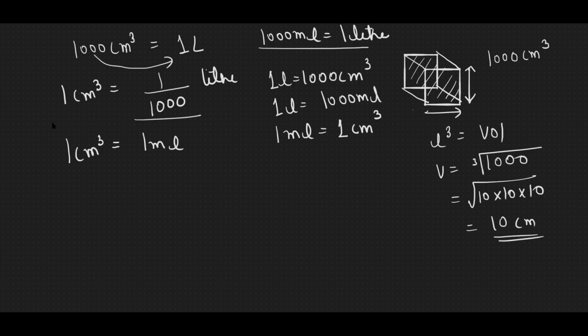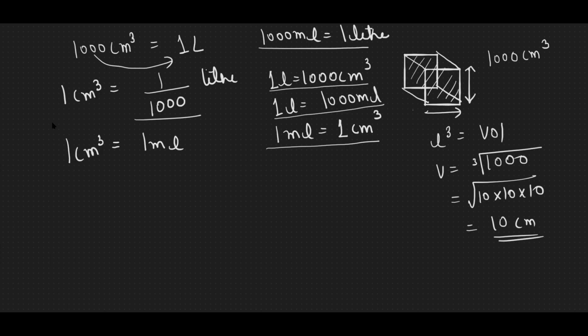From this, 1 liter equals 1000 centimeter cube, 1 liter equals 1000 ml. So from this we can say 1 centimeter cube equals 1 ml. So what is the meaning of this? So if you have a cube whose volume is 1 centimeter cube, its capacity would be 1 ml.